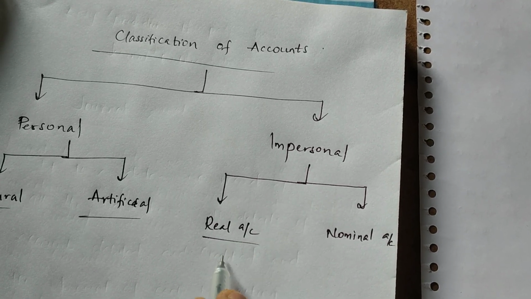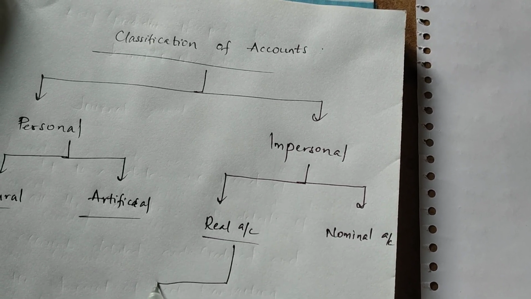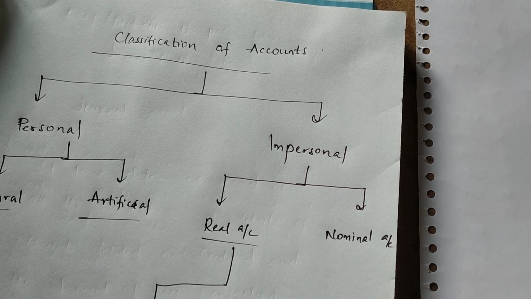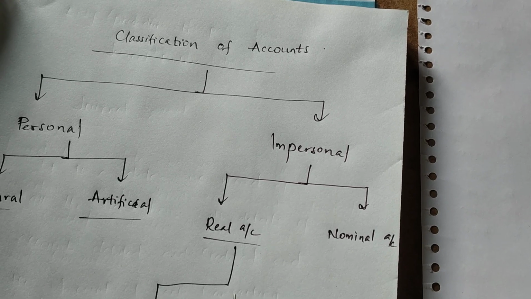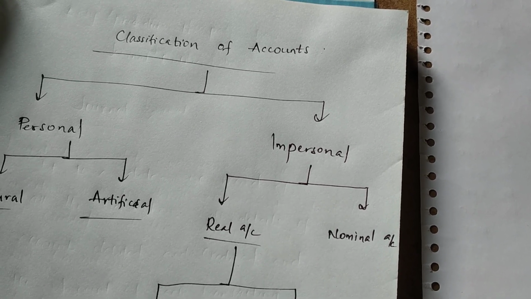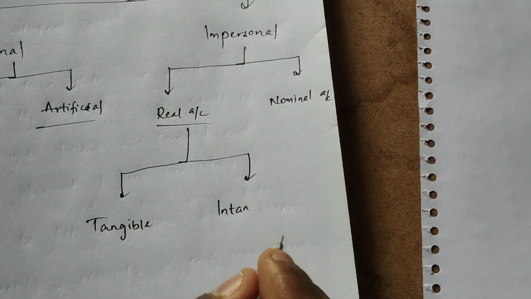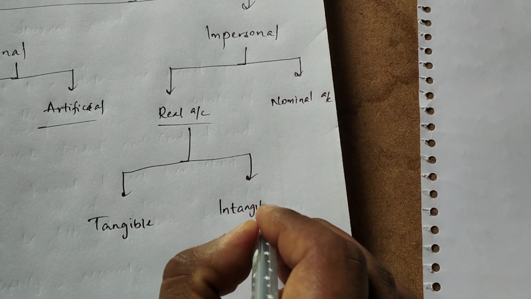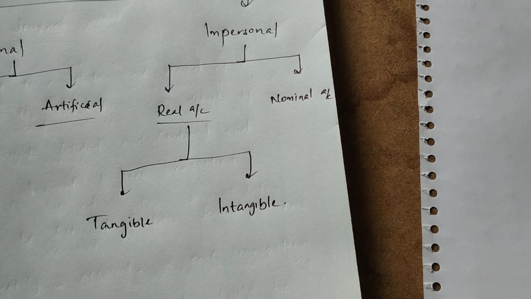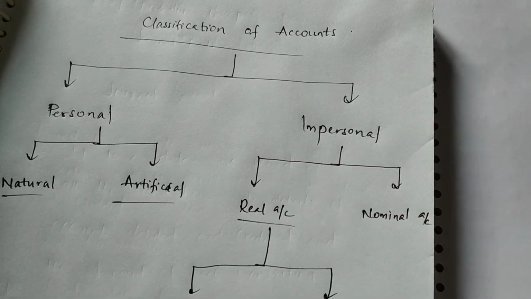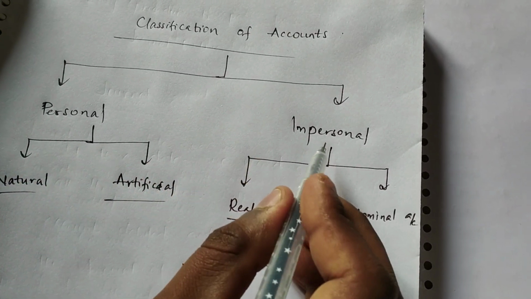Real account is again classified into tangible, which is nothing but what is visible, and intangible. Once again, I am explaining: accounts are classified mainly into personal and impersonal.